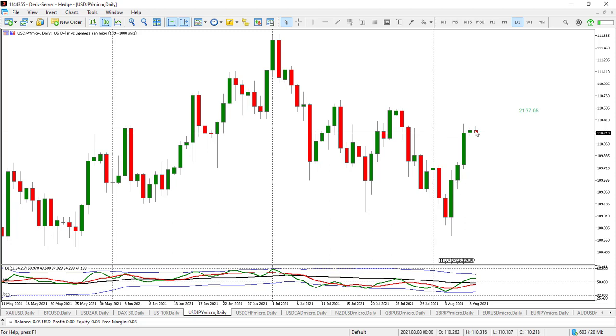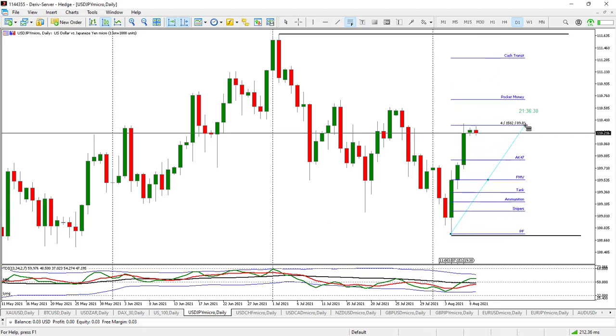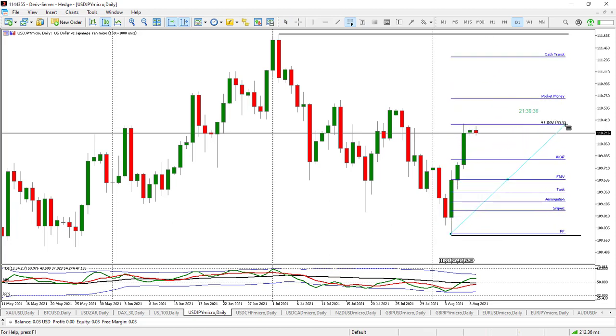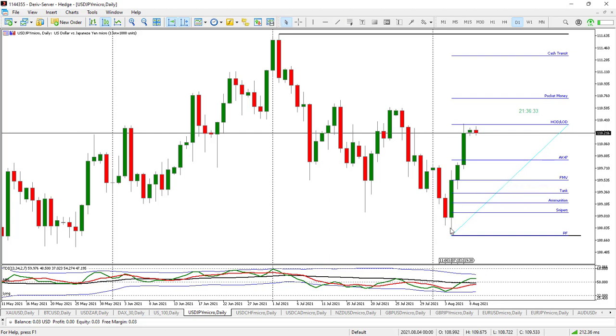We have same structure with South African rand. We have this newly created low, and I'm expecting the market to take out this high. And then the current move from here is to here, and then I'm expecting the market to test the third candle around this flip zone.